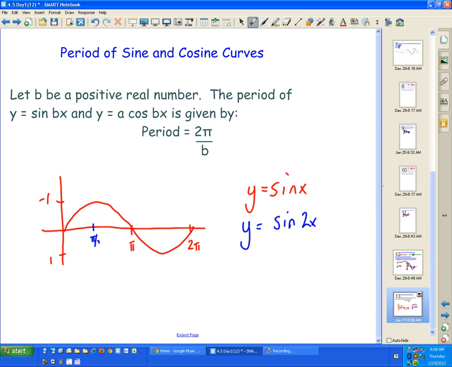It's going to look something like this. So it goes through the cycle twice before it gets to 2 pi. That's what this period is telling me. The other way to look at it is, if you take 2 pi and divide it by 2, then the period, just to go through the cycle once, is just pi.